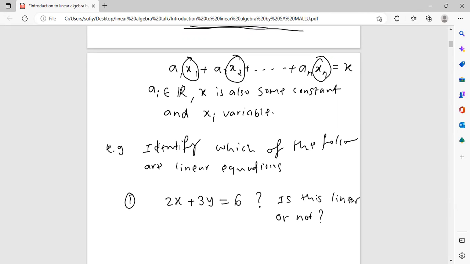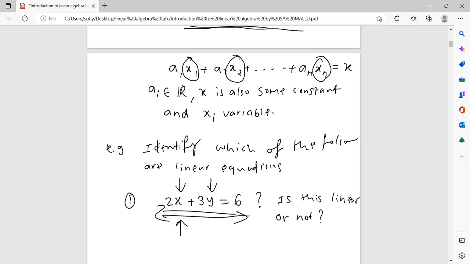Let's pause for a second and think whether this given equation is linear or not, okay? Keep in mind, we said that in order to have a linear equation form, you need to make sure that the variables in your equation have power 1. In our case, we have two variables, x and y.